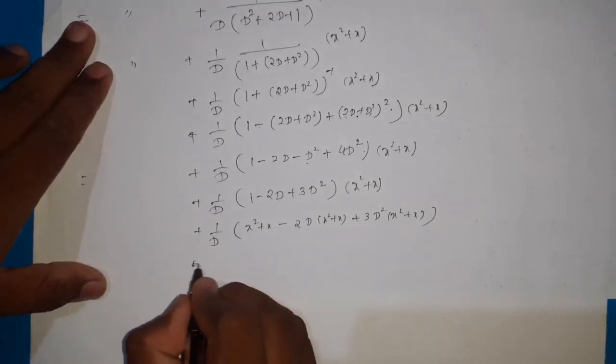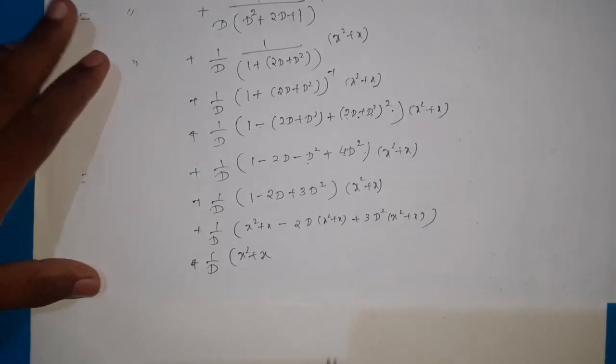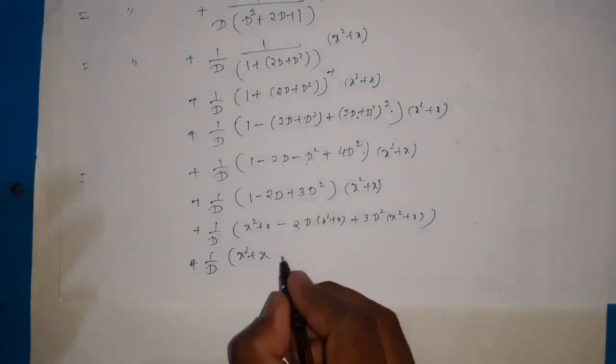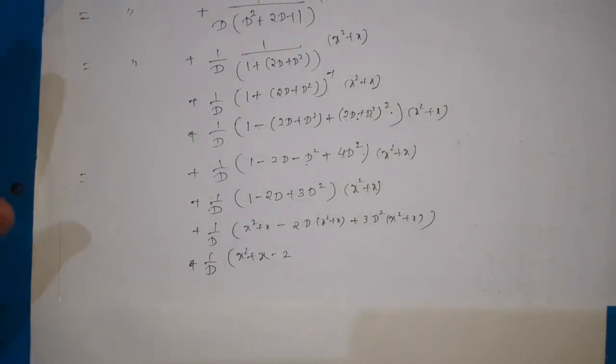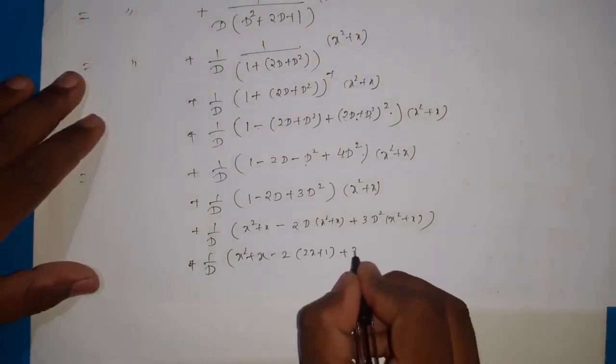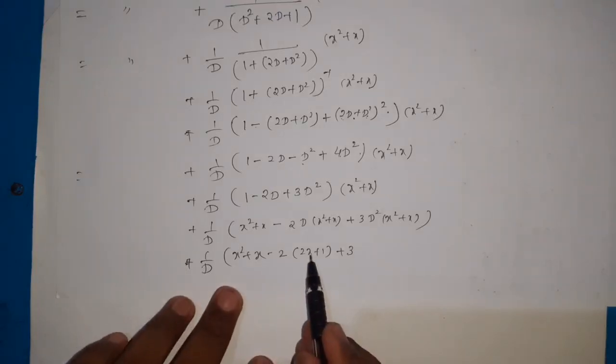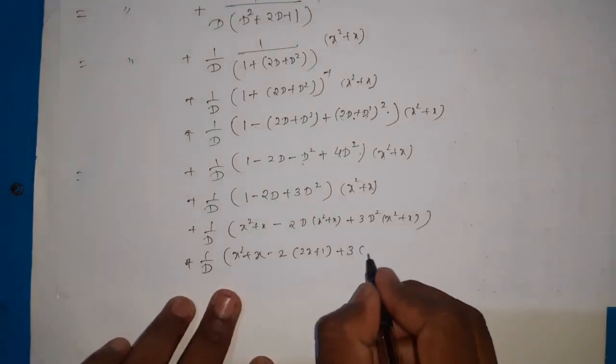Then it is equal to 1 by D into x square plus x as it is, minus 2 into differentiation of x square plus x, that is 2x plus 1, plus 3 into D square of x square plus x, meaning the second order derivative of that one. So here the second order derivative of this one is 2.